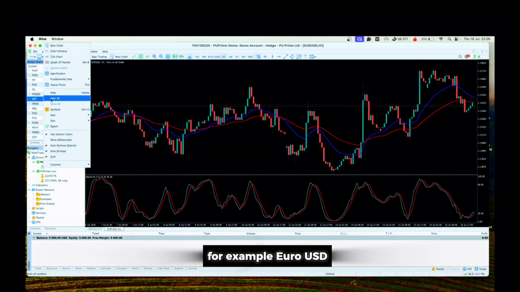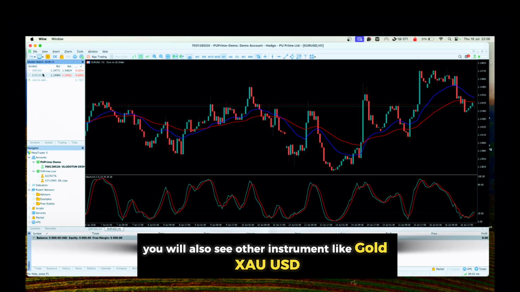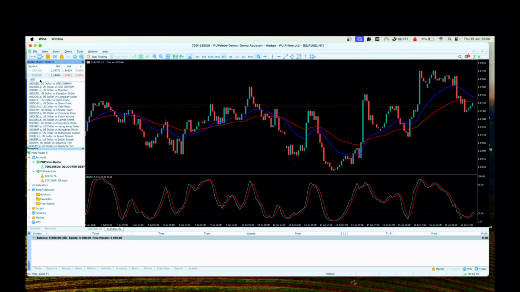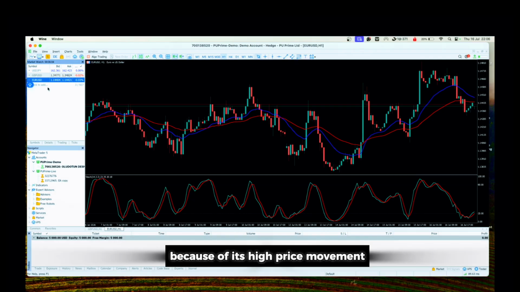Example, EURUSD tells us how many US dollars are needed to buy 1 euro. You will also see other instruments like gold, XAUUSD. Gold is one of the most actively traded instruments because of its high price movement.